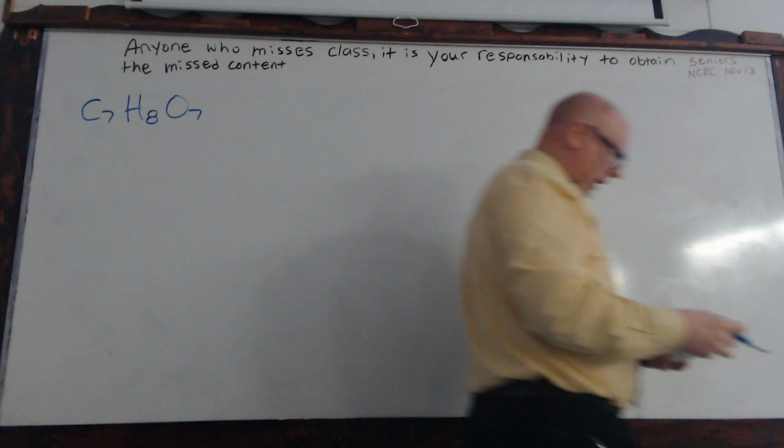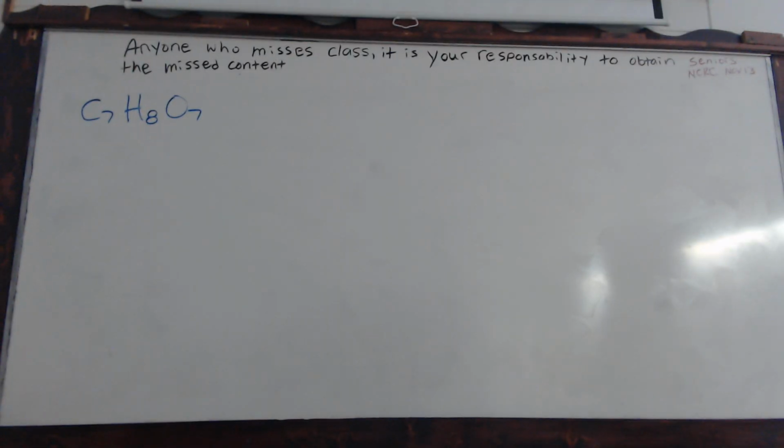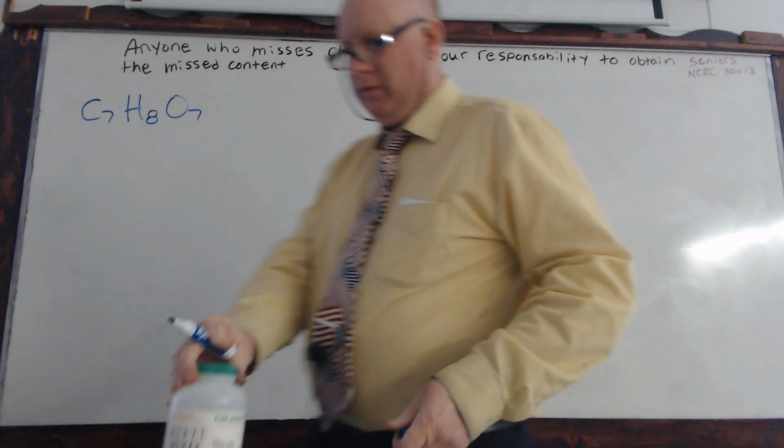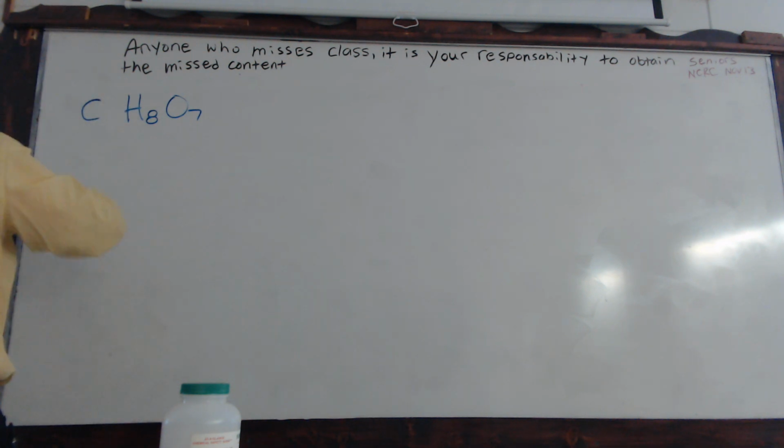You said 6 and wrote down 7, that's why I'm double checking for you. C6, because this is where I need to get my magnifying glass. So, yes, that is 6 here for sure.